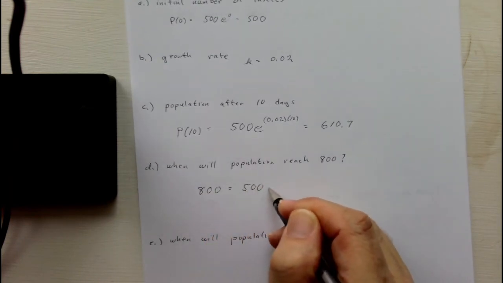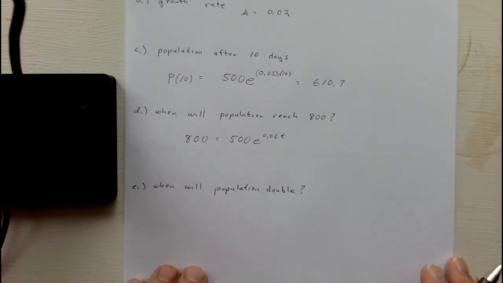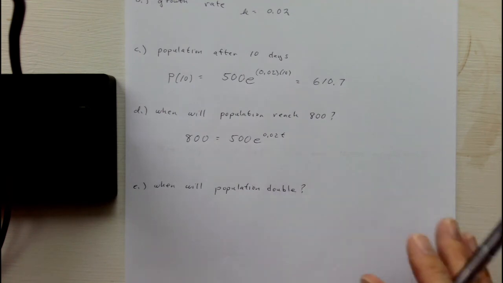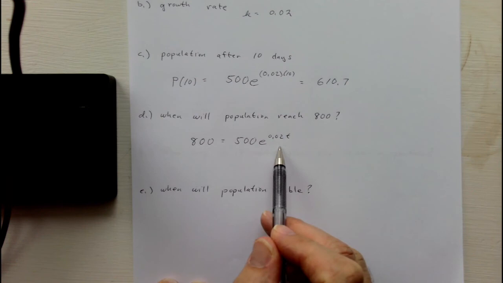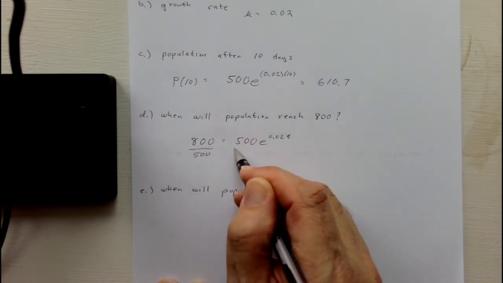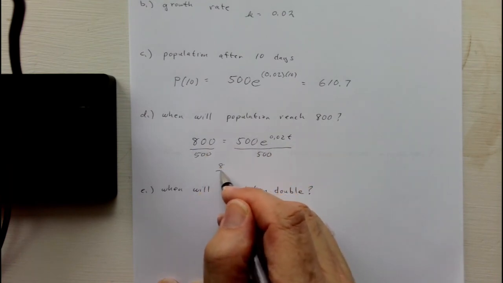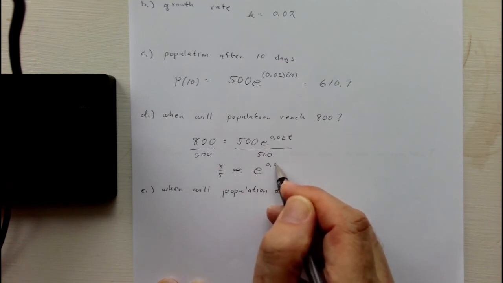All right. So we have this type of equation that we want to look at. Okay, this is an exponential equation. Our unknown is part of an exponent. If you recall, we isolate this power of e, so we can do that by dividing both sides by 500. And this reduces to 8/5, and that's equal to e to the 0.02t.